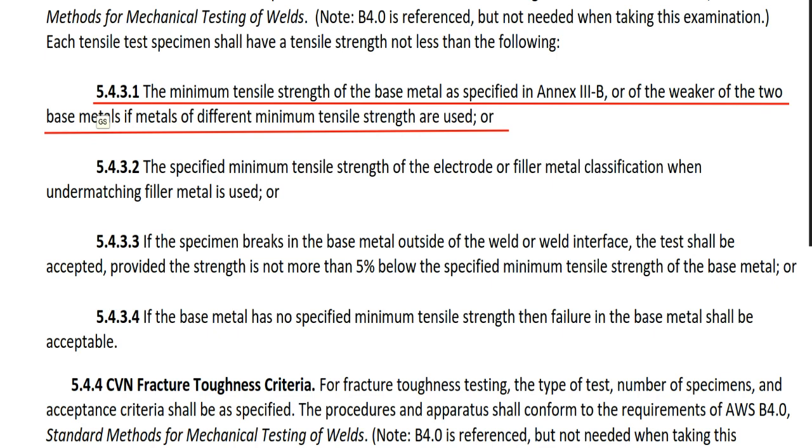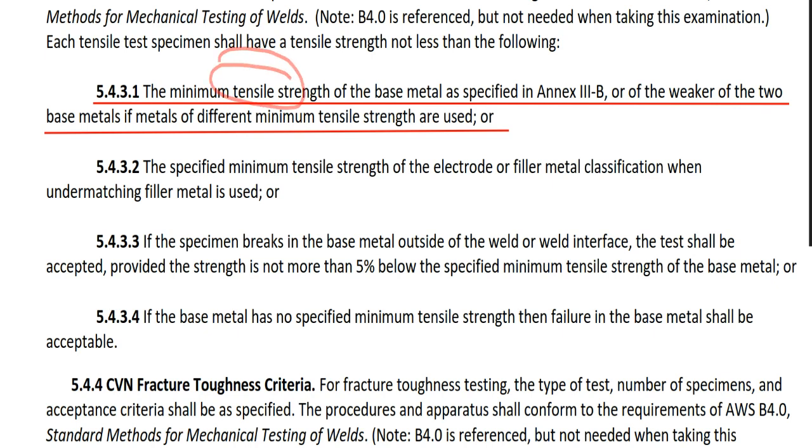For 5.4.3.1, the minimum tensile strength of the base metal as specified in Annex 3B, or of the weaker of two base metals if metals of different minimum tensile strengths are used, or the minimum tensile strengths.